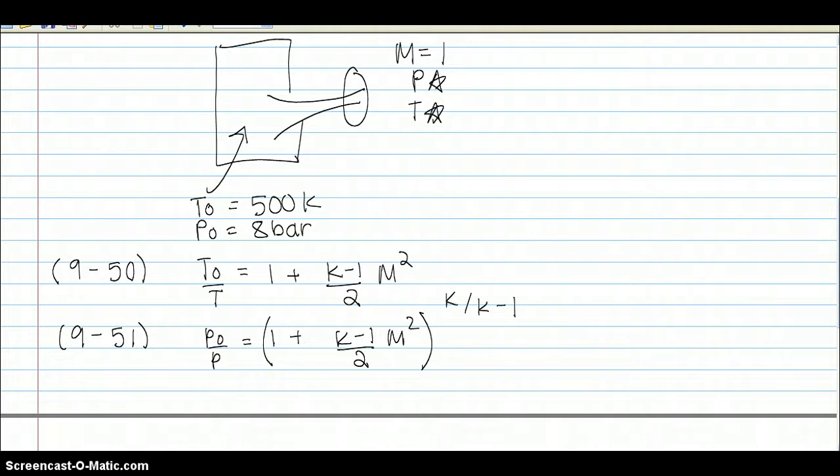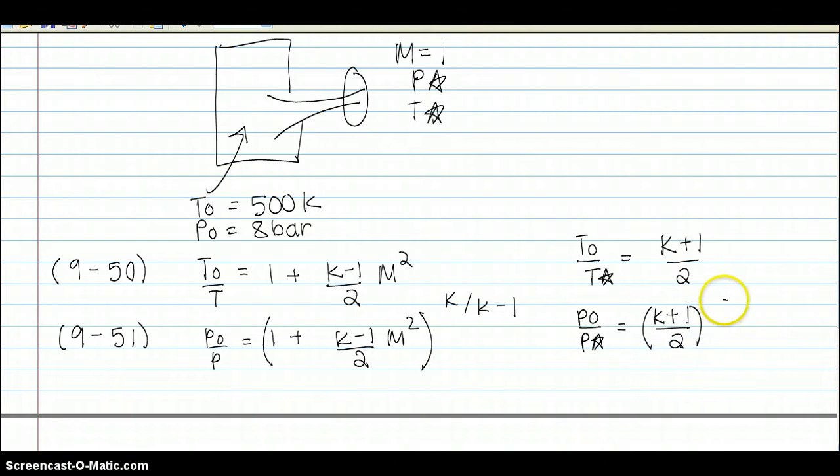When M is equal to 1, both of these equations can be reduced. So 9-50 can be reduced to T naught over T star is equal to K plus 1 divided by 2. And equation 9-51 can be reduced to P naught over P star is equal to K plus 1 divided by 2, and all of that is going to be raised to the power of K divided by K minus 1.